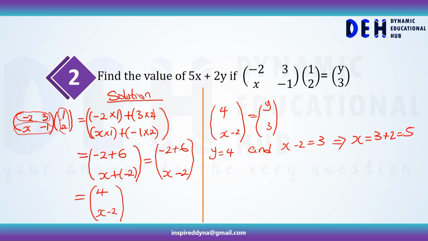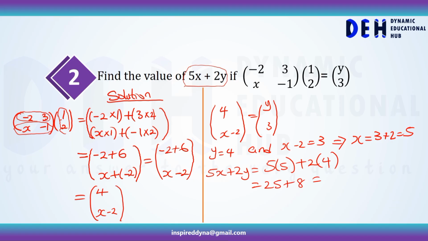Let's substitute into 5x plus 2y: 5 times 5, which is 25, plus 2 times 4, which is 8. 25 plus 8 is 33. So you have 33. Very fast.